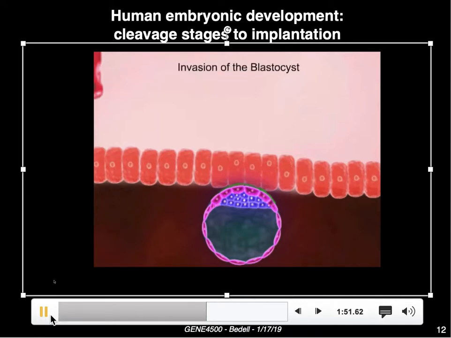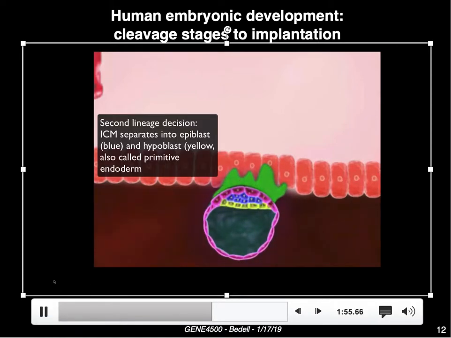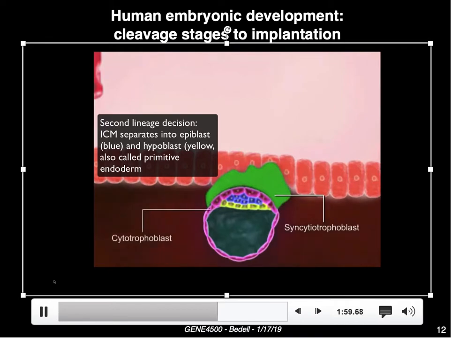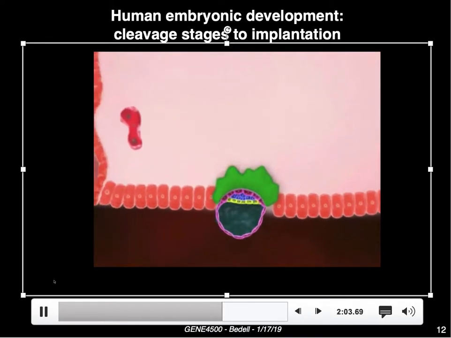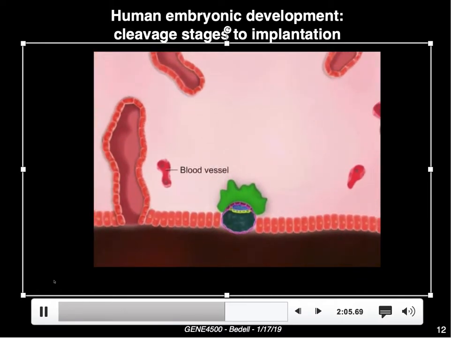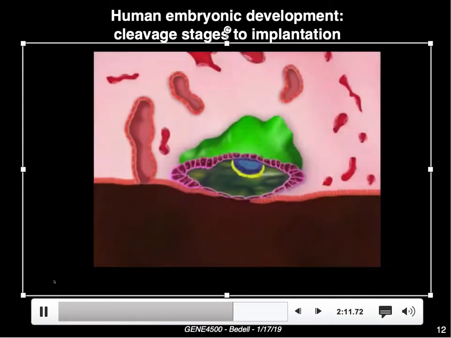Okay, now you don't have to know all the details of this, but just know the second lineage decision has taken place. You don't have to know these terms. Okay, there's our invasion. Now there's all kinds of signals going to the blood vessels and all kinds of things happening in the uterus as well as in the embryo.